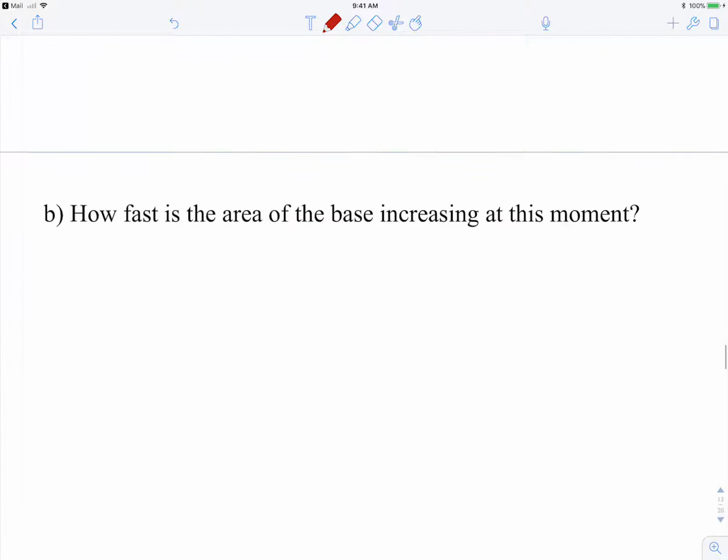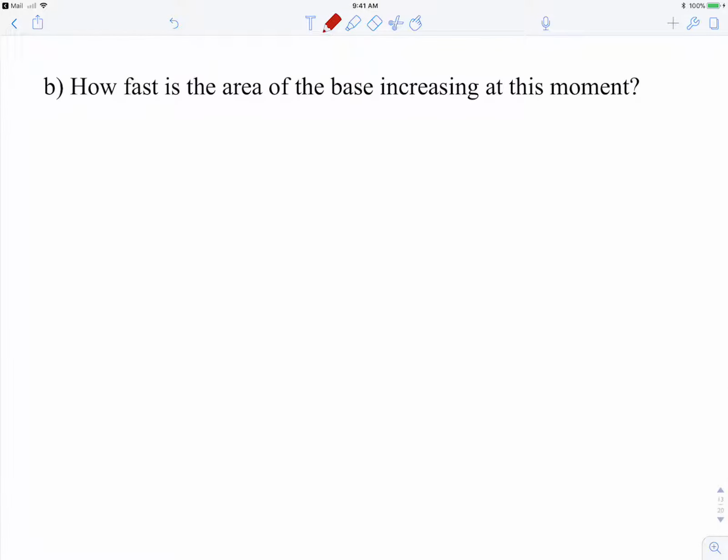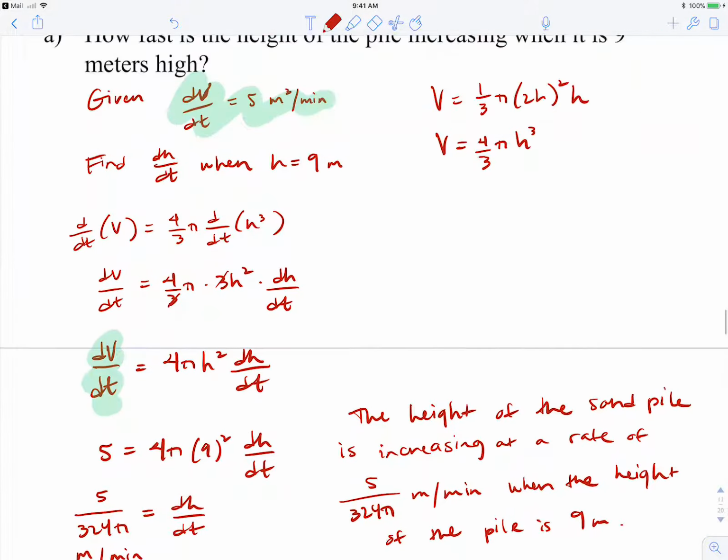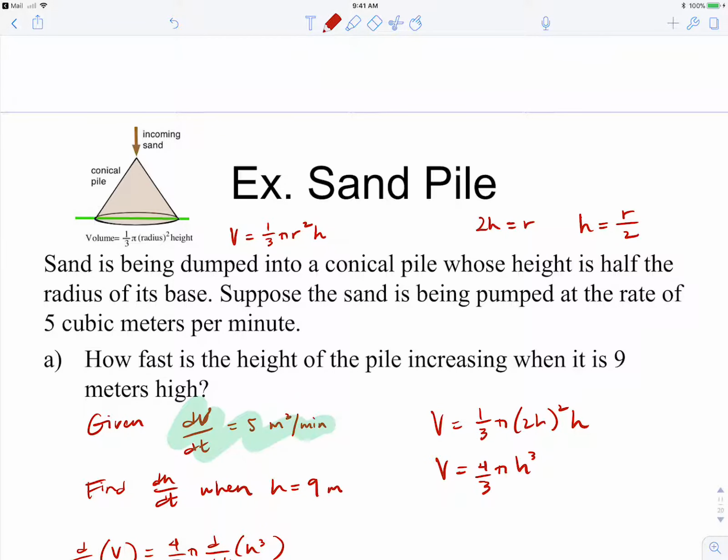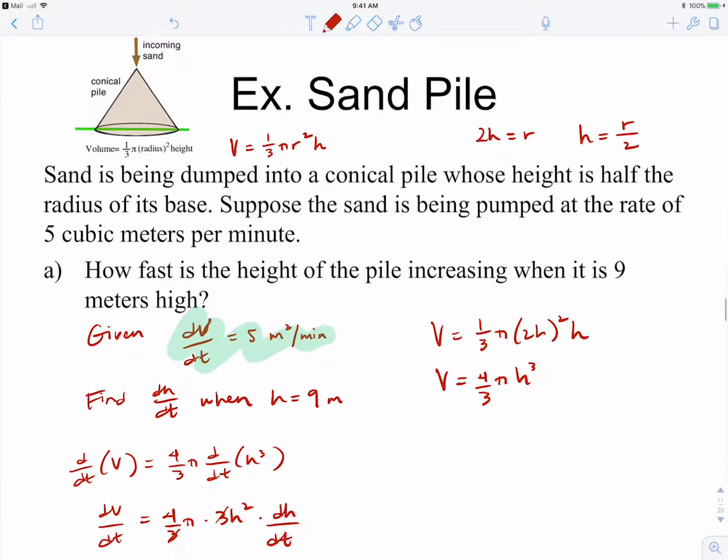Okay, part B wants to know how fast is the area of the base increasing at this moment, so when h is equal to 9 meters. Looking back at the picture we can see that the base is a circle.